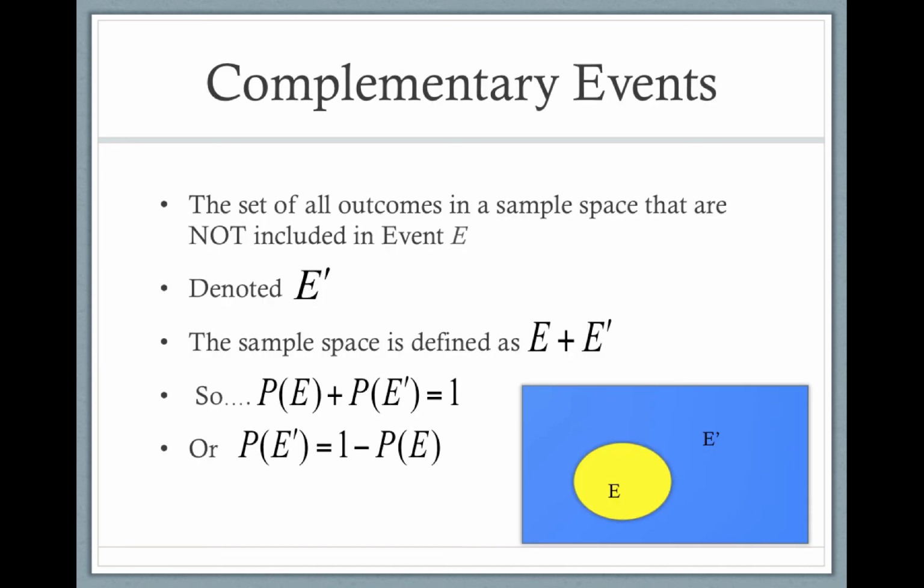All right, and then lastly, we want to talk about complementary events. The set of all outcomes in a sample space that are not included in event E is considered the complement of event E. Take a look at the Venn diagram, the blue and yellow, at the bottom of the screen, and you see that our yellow circle signifies event E. Everything else in that box that is not in event E is shaded blue and would be denoted as the complement of event E. And please note that the complement is denoted with an apostrophe.